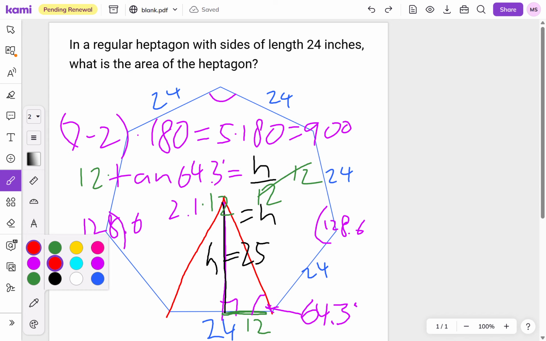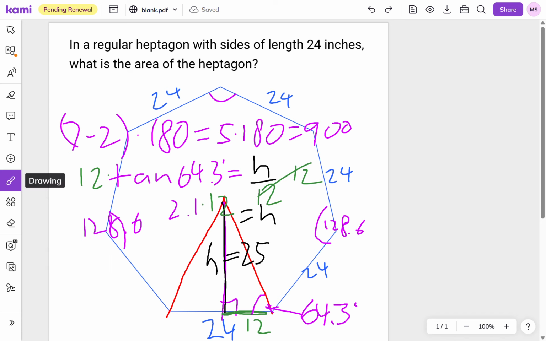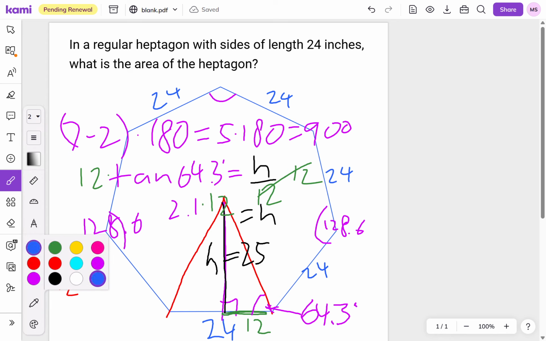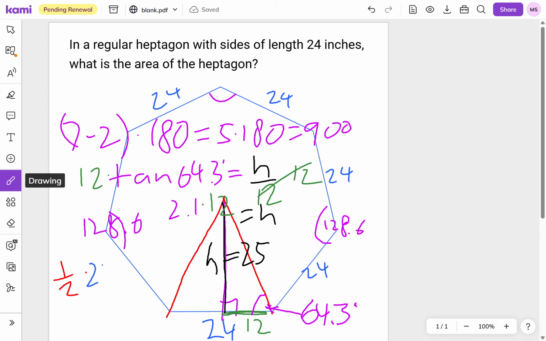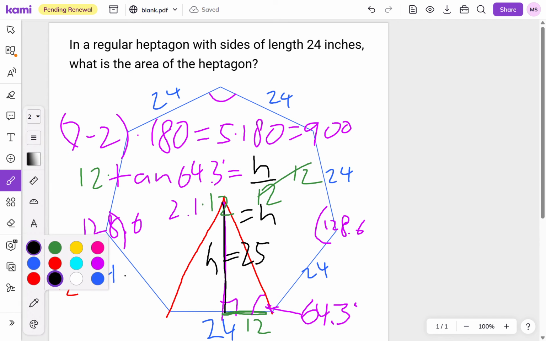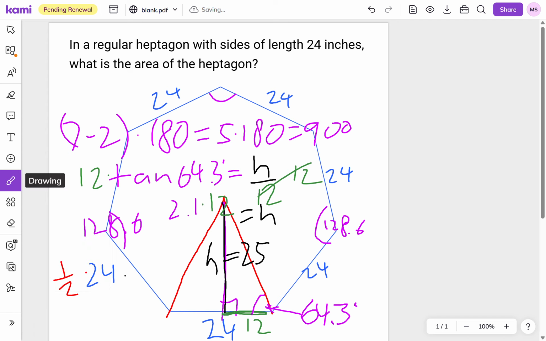For that, we use the triangle formula, so that's half times base times height. So half times 24, which we know is the base, times the height, which is approximately 25, but not exactly.